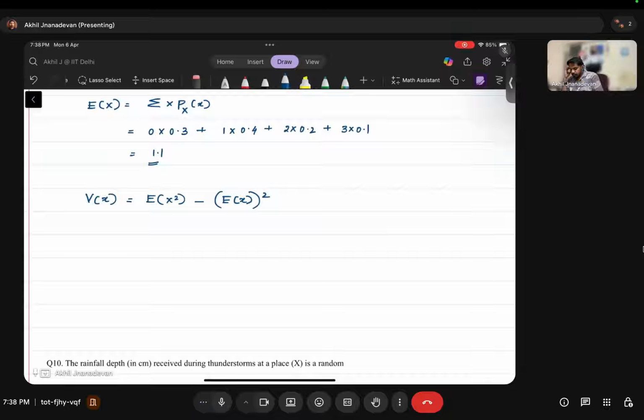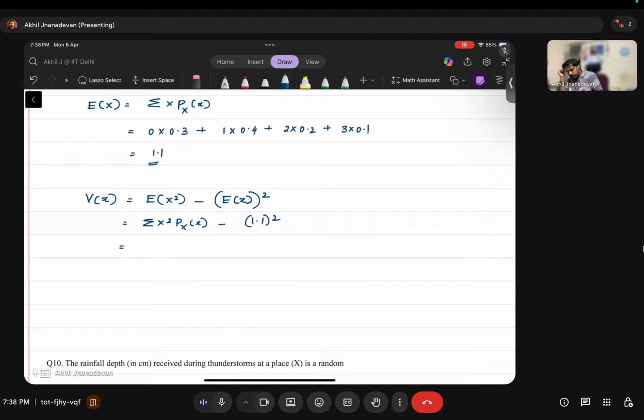So the expectation of X square will be the summation of x square p of x, minus, as we have already calculated, 1.1 square.